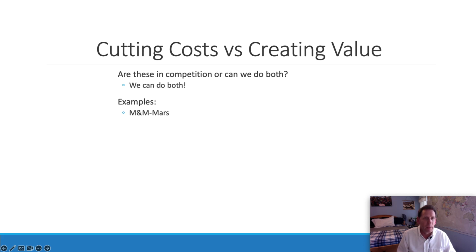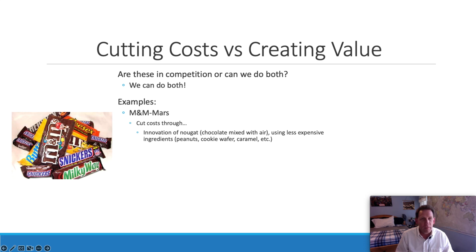So some examples. Look at the M&M and Mars Candy Company, right? They began to cut costs. They innovated something called nougat, which is just chocolate mixed with air. They also started using less expensive ingredients like peanuts, cookie wafers, caramel, etc. They also introduced something called extrusion.